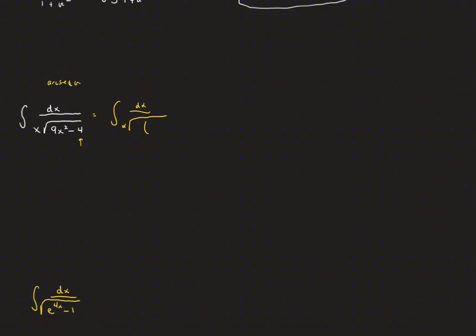To factor out a 4 is to divide by a 4, so that's going to make that be a 9/4 x squared minus 1. Then we can pull that 4 outside the radical as a 2, pull it all the way outside the integral as a 1/2.